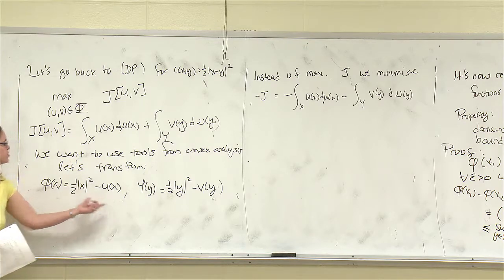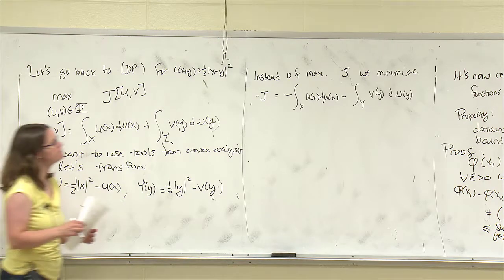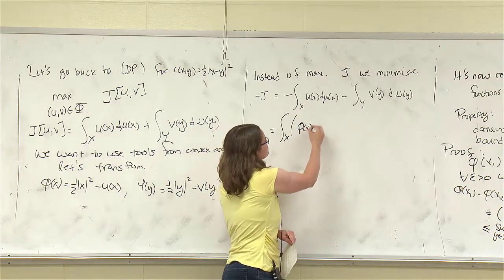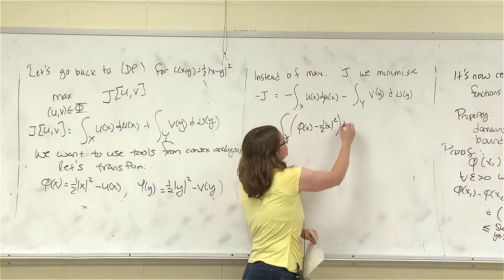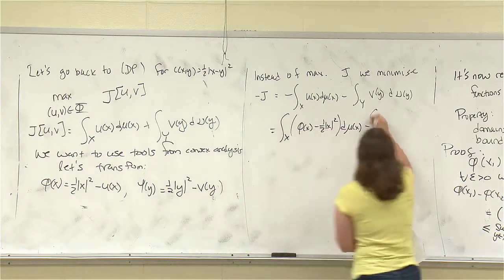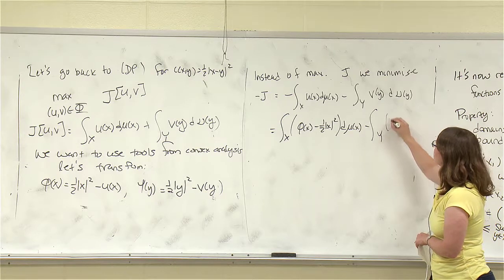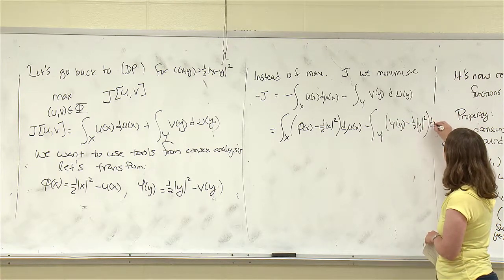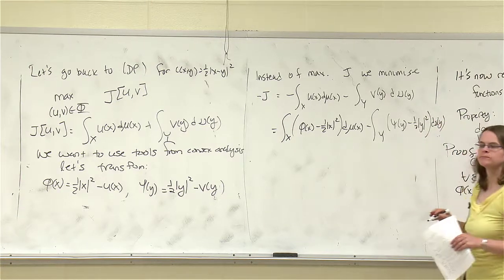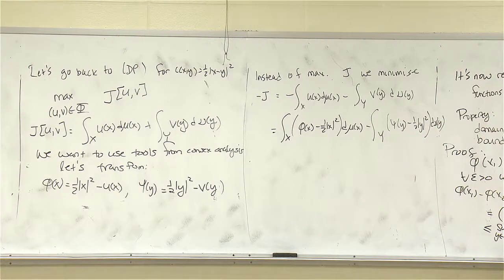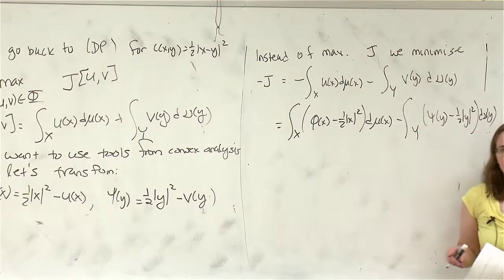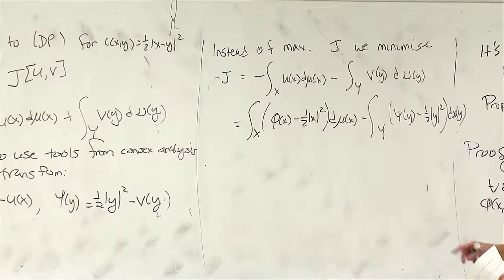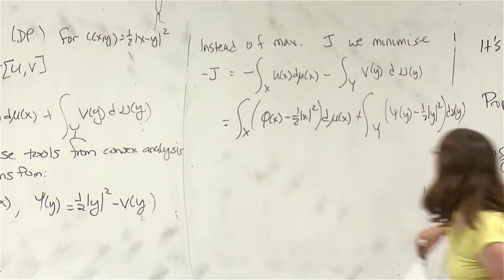Okay, minus u is the same as phi minus half x squared. And this is going to be the same as psi plus half y squared. Is it a plus for the y? It's a plus, yes, thank you.